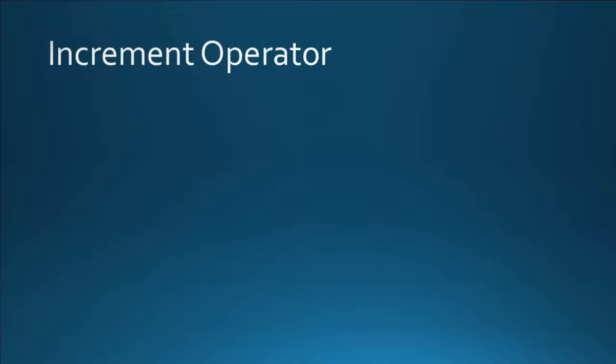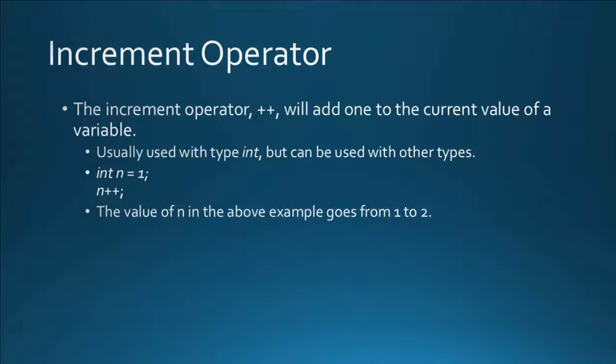All right, let's talk about the increment operator. The increment operator, ++, will add 1 to the current value of a variable. This is usually done with type int, but can be done with other types. So int n = 1, n++. The value of n in the above example is going to go from 1 to 2. As another example, let's say I had int n = 10, and then n++.